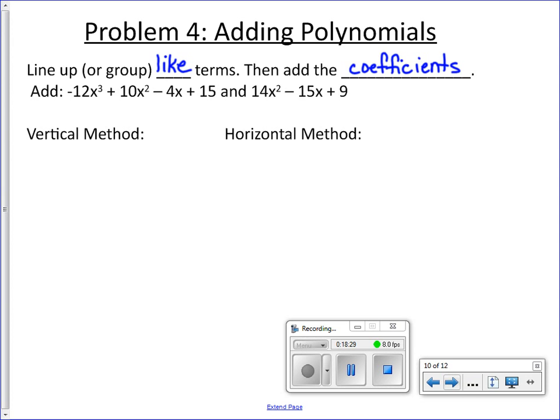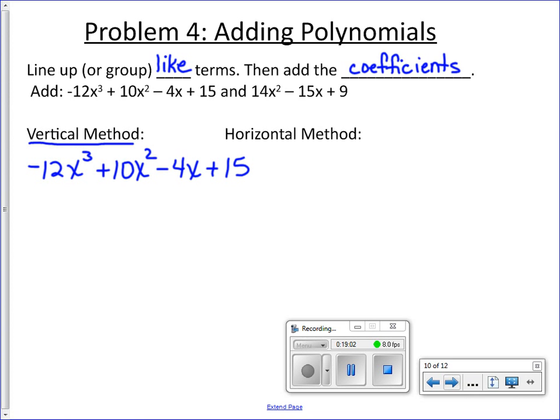The way the vertical method works, we're going to write down our first polynomial, negative 12x cubed plus 10x squared minus 4x plus 15. All right, and the vertical method, which is my choice personally, and I am letting you know I don't care which method that you pick, I want you to use the one that works for you.